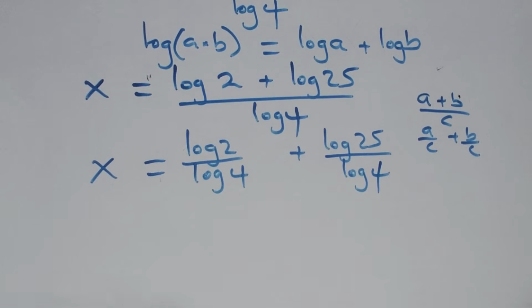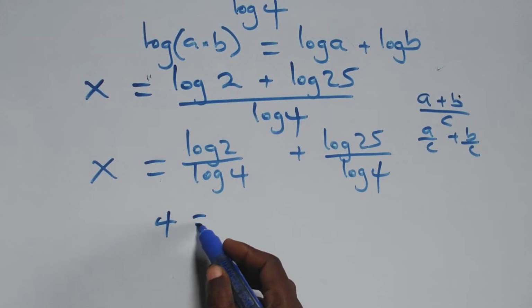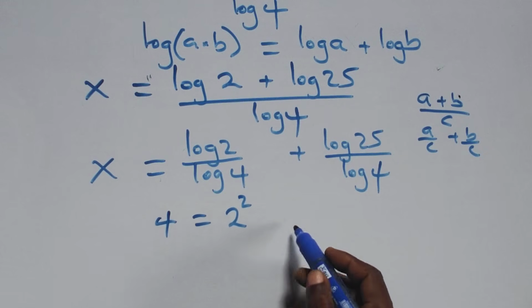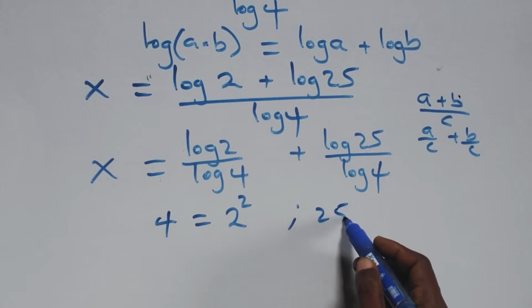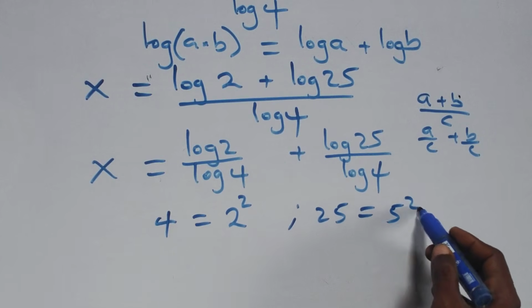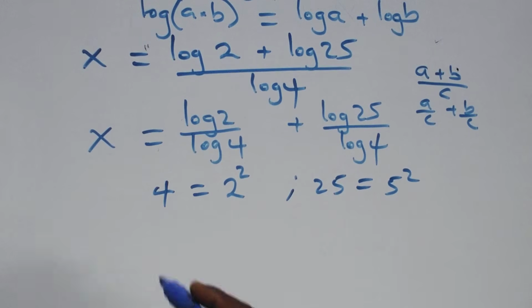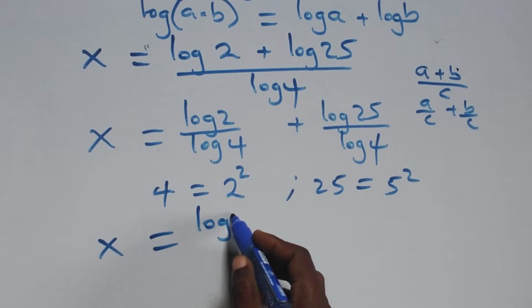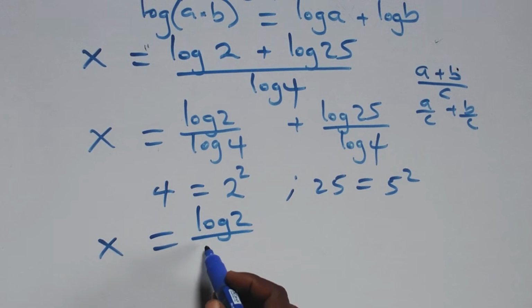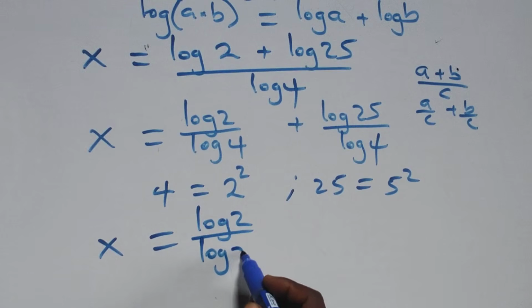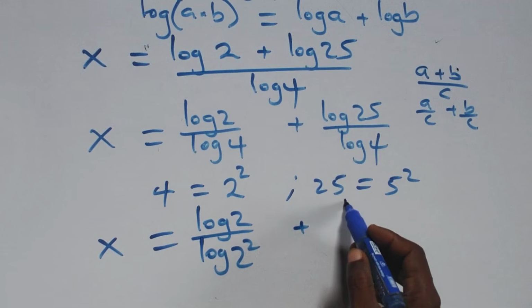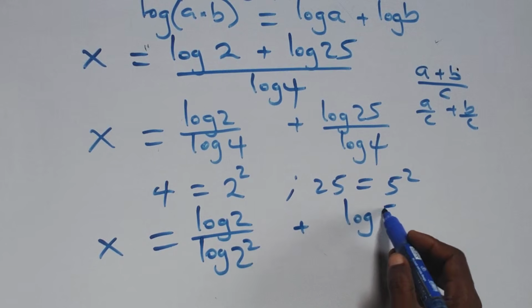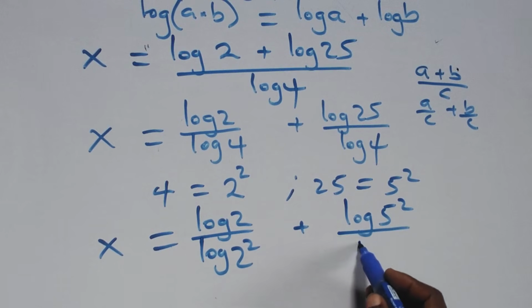Then we can express 4 here as 2 squared. Also 25, that's 5 squared. Then this equation becomes x equals log 2 over log 2 squared plus log 5 squared over log 2 squared.